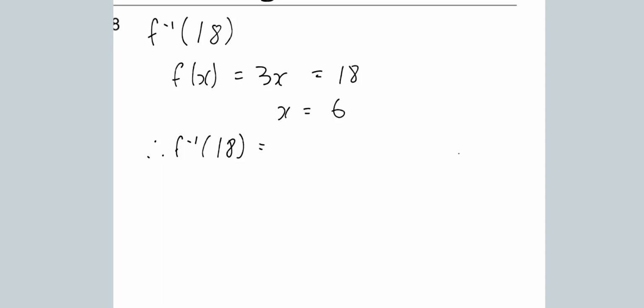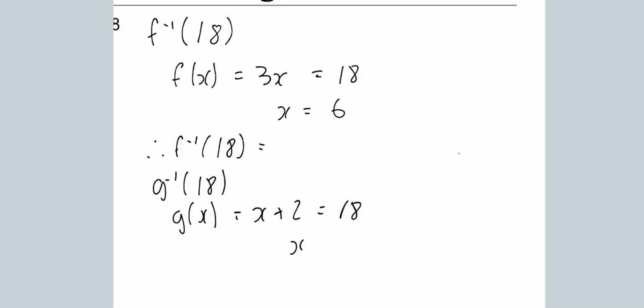Similarly, for g⁻¹(18), I can say g(x) is equal to x plus 2, and that has to equal 18, therefore x equals 16. Now you have to show that f⁻¹(18) plus g⁻¹(18) is equal to 22.